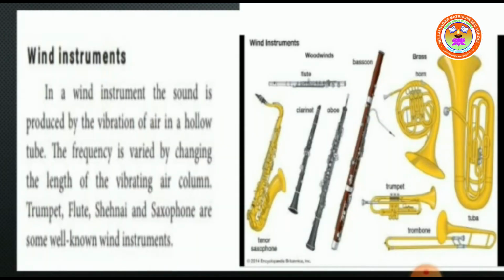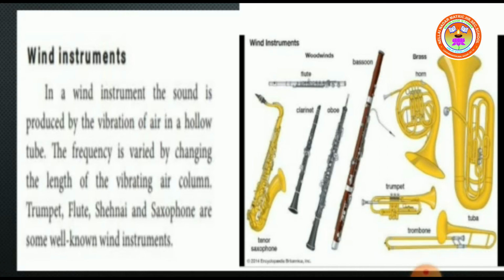Next, we are going to discuss wind instruments. In a wind instrument, the sound is produced by the vibrations of air in a hollow tube. The frequency is varied by changing the length of the vibrating air column.